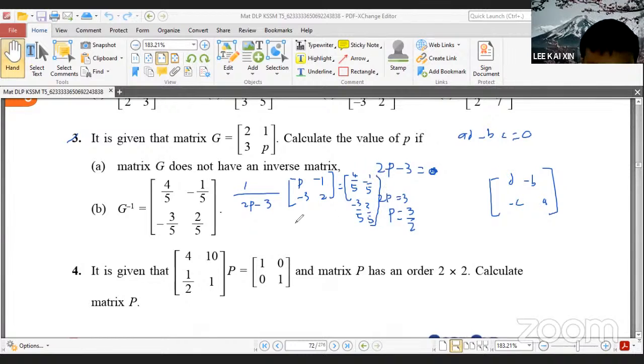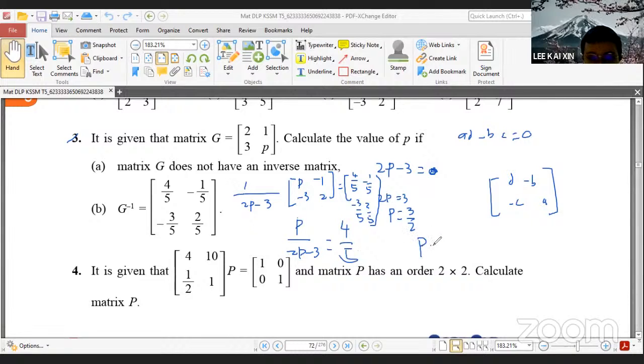Then you get P over 2P minus 3, or you can use any one, equals to 4 over 5. You can use anywhere.